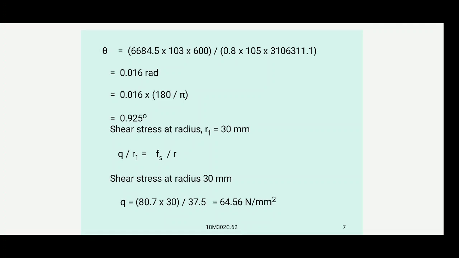So that is equal to 0.016 into 180 by pi. So that is equal to 0.925 degrees.